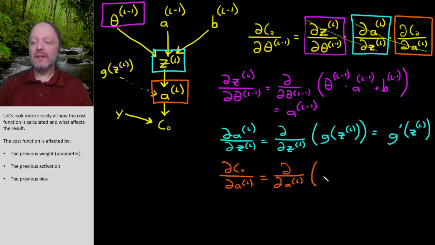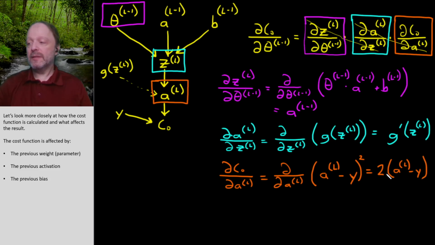So it is just the (AL minus Y) quantity squared. And so that partial derivative is just going to be 2 times (AL minus Y). And that is our final piece.